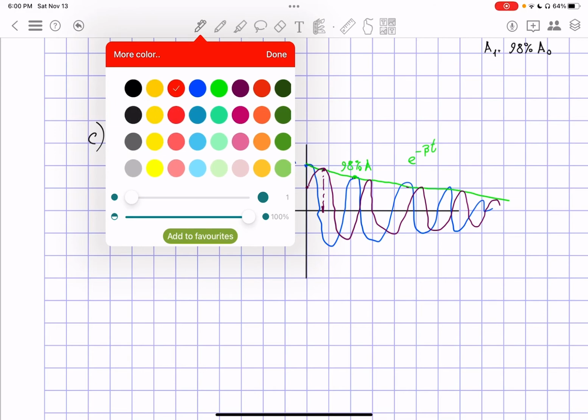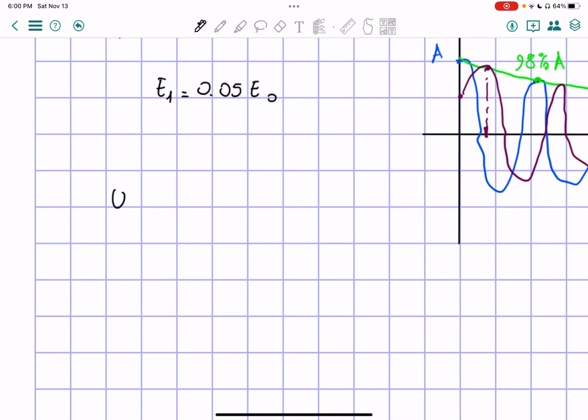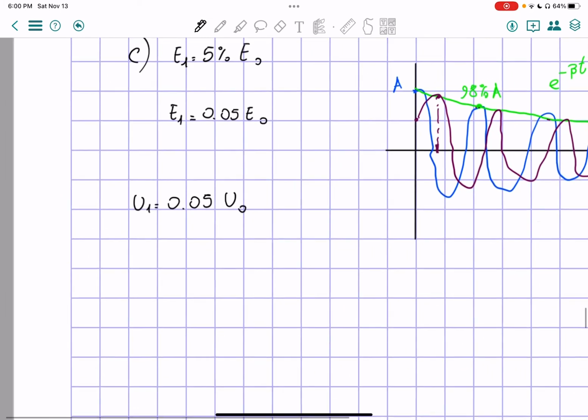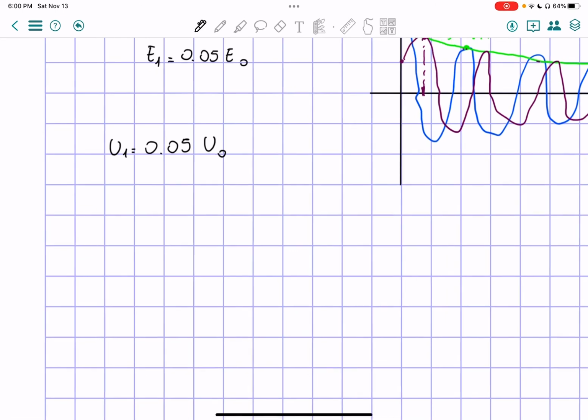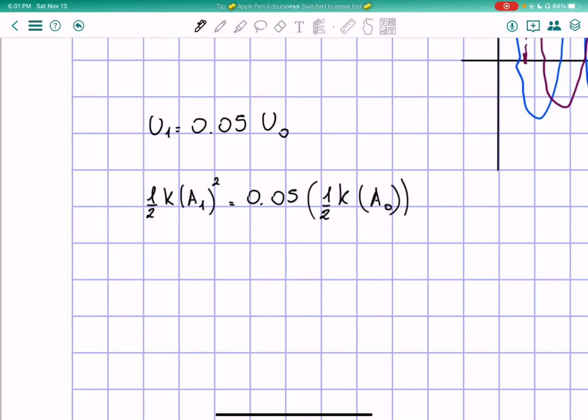So we can just use potential energy. So U at t1 is equal to 0.05 U naught. That means that U at t1 is going to be equal to 1/2 K A1 squared, equal to 0.05 times 1/2 K A naught squared.